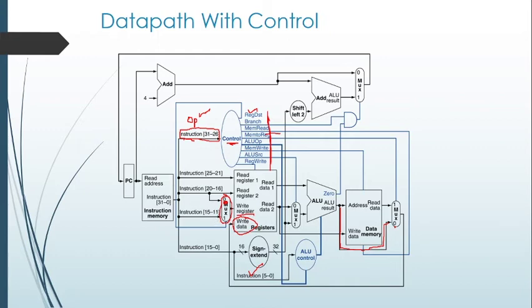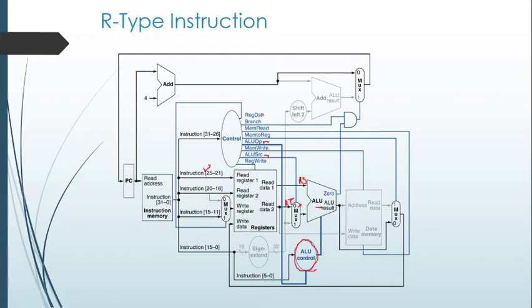Otherwise the destination is RD. So this will select the destination as RD here. Register destination will have a value of 1 for an R type instruction. So this is how an R type instruction works.